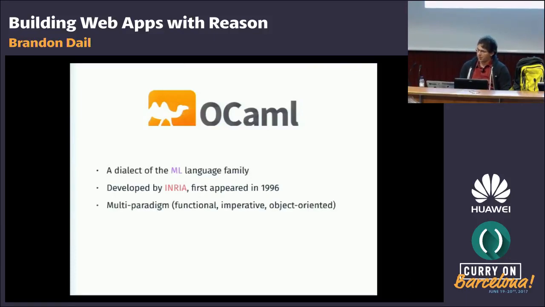It is multi-paradigm, so OCaml is mainly used as a functional language, but it also supports imperative and object-oriented programming, so it's pretty flexible. And it's popular with finance, so Jane Street, who's actually sponsoring, uses it pretty much exclusively as far as I know, and Unikernels, MirageOS is an example of an OCaml project.